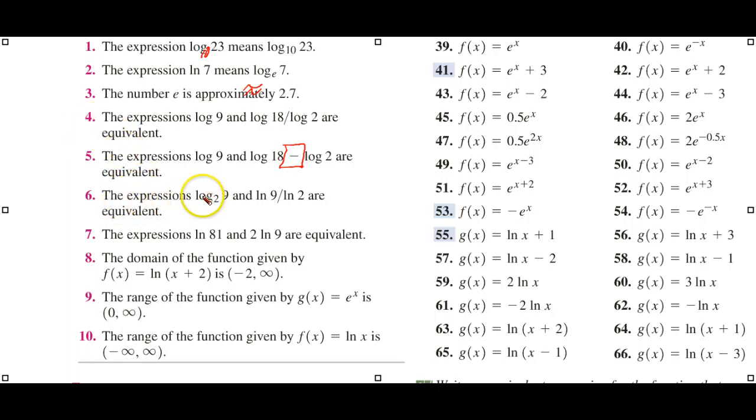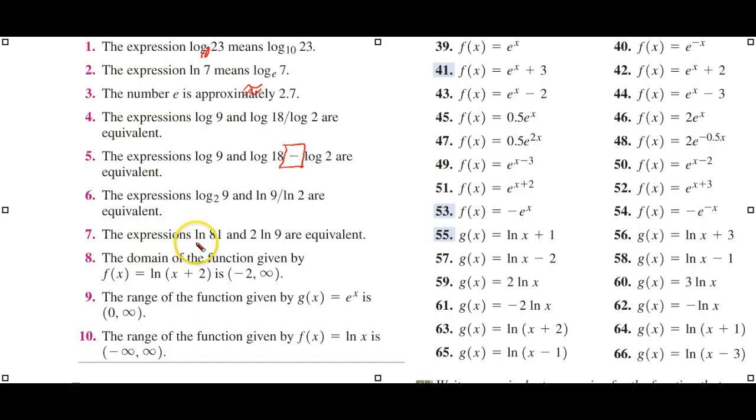The expression log base 2 of 9 and the natural log of 9 divided by the natural log of 2 are equivalent. This is the change of base formula that we would be using there.